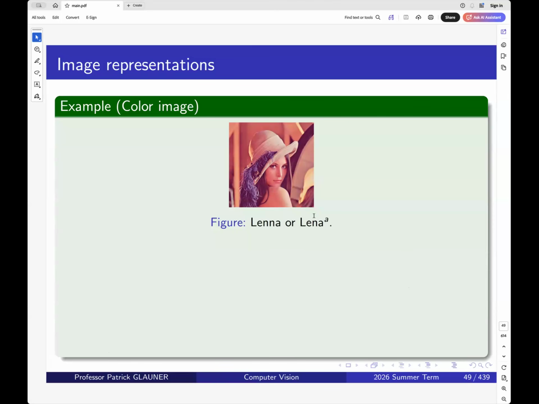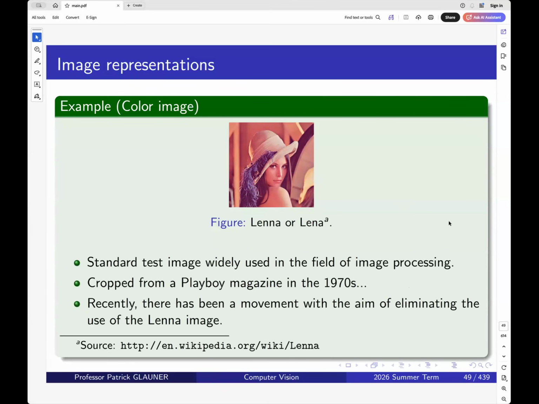This image is interesting in the computer vision domain because of these different edges, different colors, and it has been widely used for image processing. And in fact, what is the source? It comes from a Playboy magazine in the 1970s. This image here is only cropped. There's actually much more further down that you can see in this magazine, which we're not discussing in this course. Not important. But this image is simply used often as a reference image in computer vision and image processing.